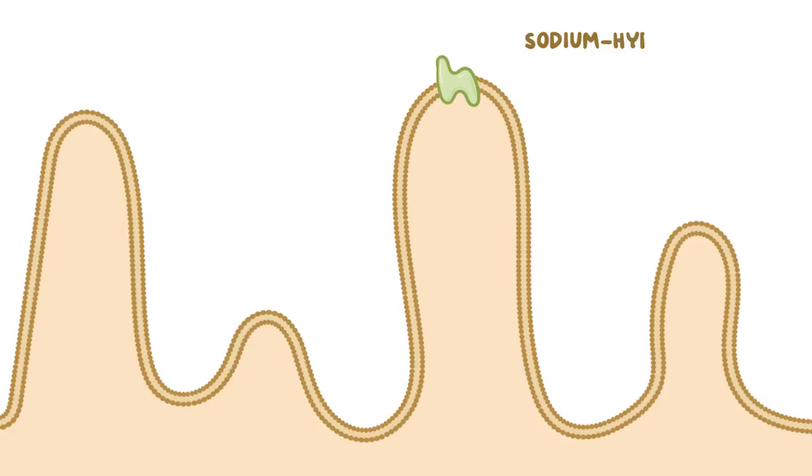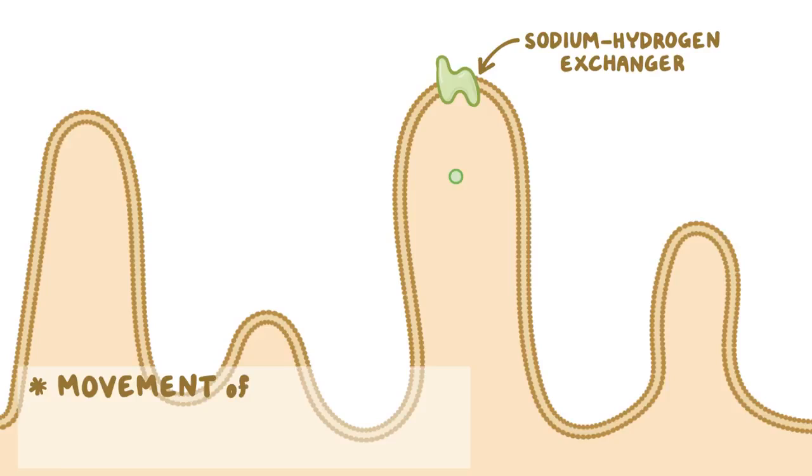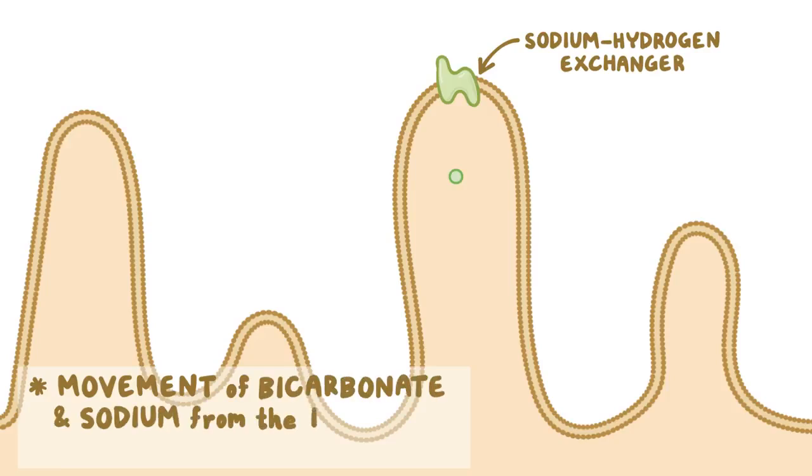Meanwhile, the sodium-hydrogen exchanger on the apical surface pulls sodium into the cell, while pushing hydrogen back into the tubule. So, at the end of the day, there's a movement of bicarbonate and sodium from the tubule to the blood.